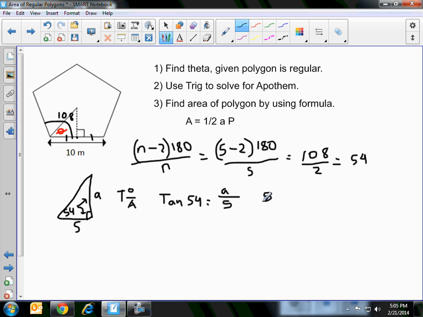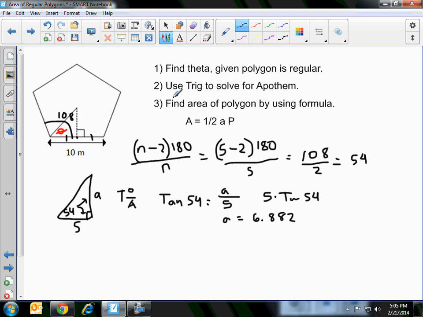Don't forget to make sure your mode is in degrees. 5 times the tangent of 54. And again, I always put the number and value in my fraction first, otherwise you get a weird wrong answer. So 5 times the tangent of 54 comes out to my a, my apothem, as 6.882. I'm going to round to the thousandths place again. This was a 1, and after that there was a 9, so I round up.